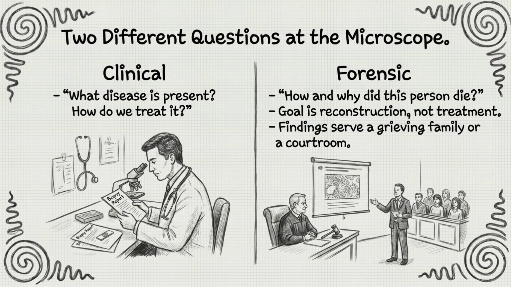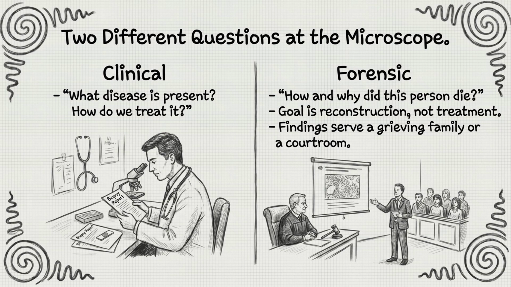Let's make the distinction concrete. In clinical histopathology, your findings feed directly into patient care. A diagnosis of adenocarcinoma changes the treatment plan. The tissue serves the living patient. In forensic histopathology, the tissue serves a different master, the truth about how a death occurred. Your findings may be read by a medical examiner, a coroner, a prosecutor, a defense attorney, or a judge.